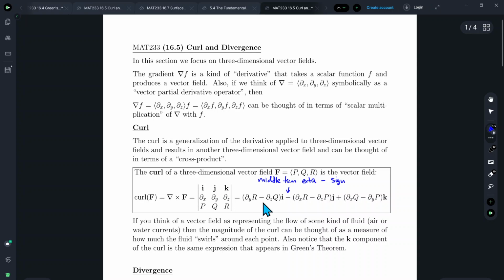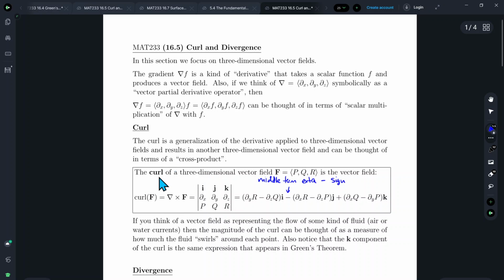The middle term has an extra minus, and then you have the 2x2 subdeterminant crossing out the top row and the middle row. So it's del x applied to r minus del z applied to p, again with the extra minus here. And then finally, for k, it's del x applied to q minus del y applied to p. So this is the formula for the curl.